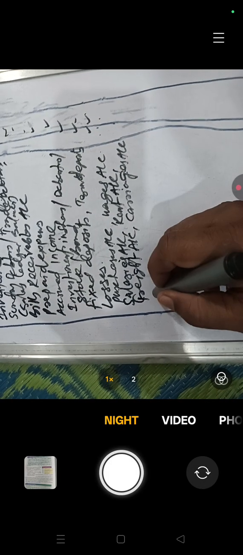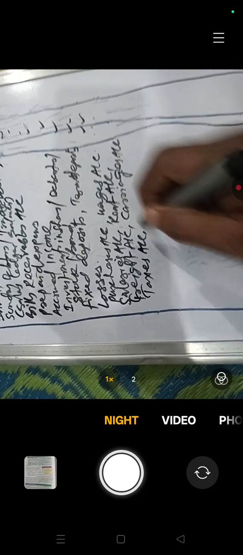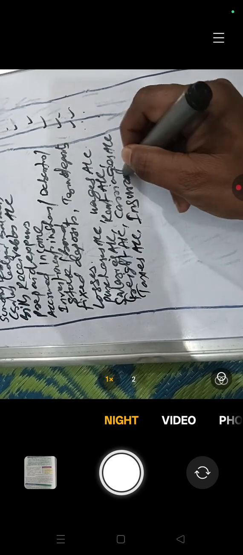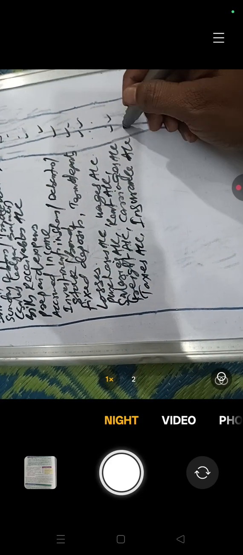freight carriages account, taxes account, insurance. All these expenses should be related to the business. Then they are shown on the debit side.